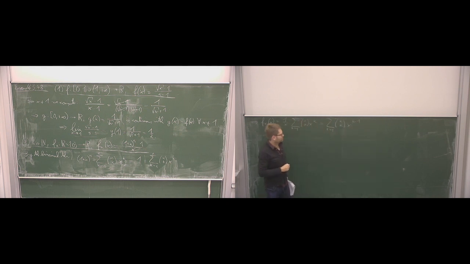So, to make this polynomial a bit cleaner, we do an index shift. Namely, we just modify this k a bit. Instead of going from 1 to n, we change the summation to go from 0 to n minus 1, so we start at the exponent 0 and end at the exponent n minus 1, with x to the power of k.